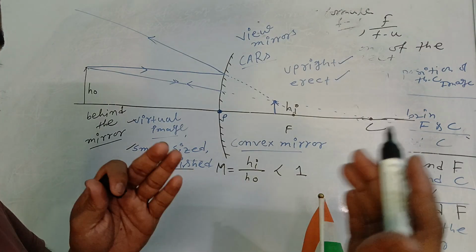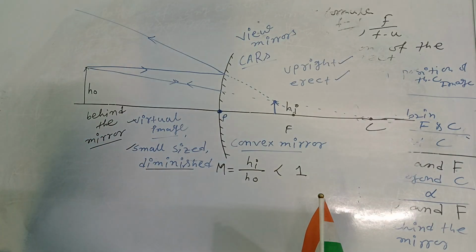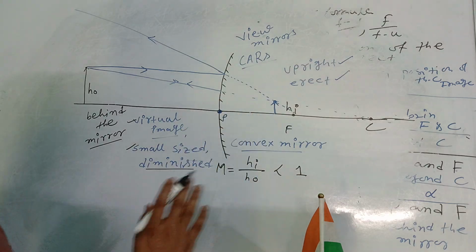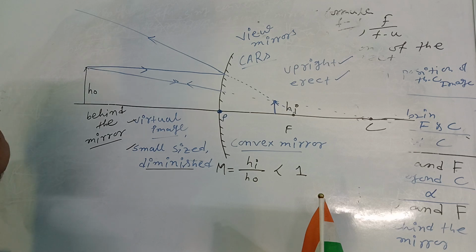Real is in front of the mirror, or virtual, it is behind the mirror. Okay, clear? Done. Any point missing? So behind the mirror, virtual, small size, magnification, upright, erect.